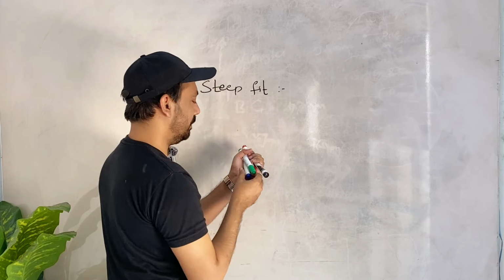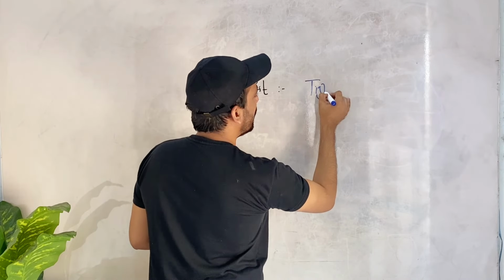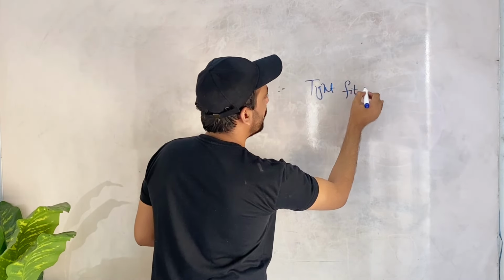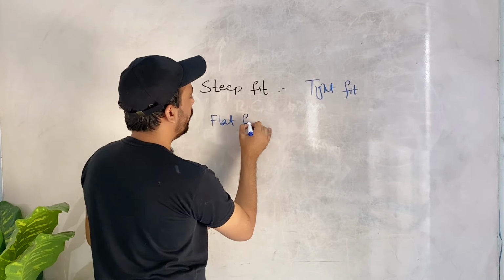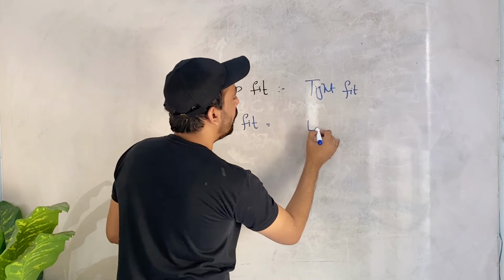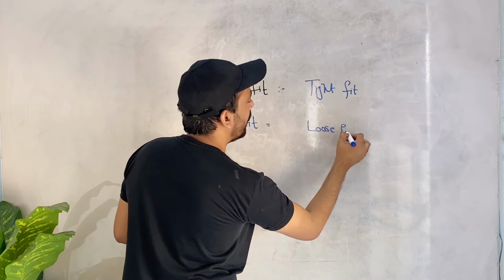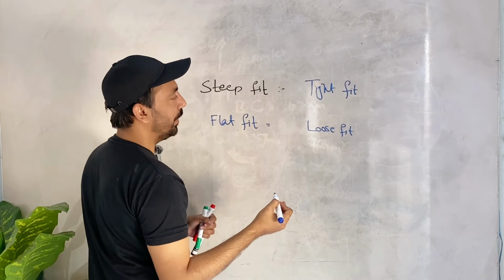The steep fit. Remember that the steep fit contact lens is also called the tight fit, right? And the flat fit is also called the loose fit contact lens, if the fitting of the contact lens is loose.